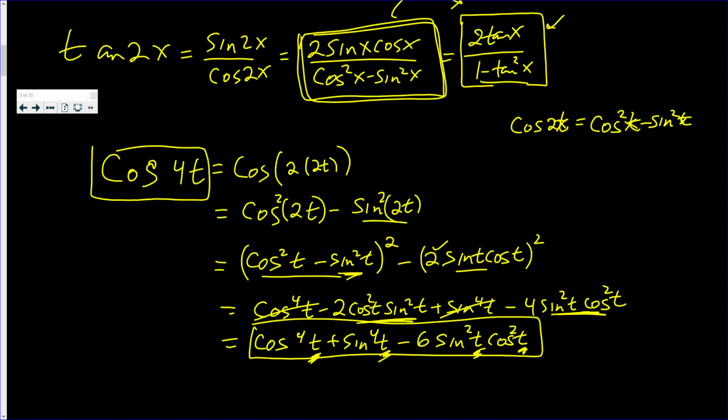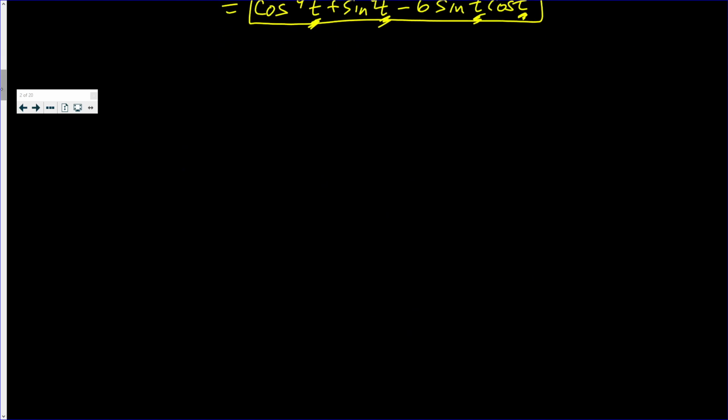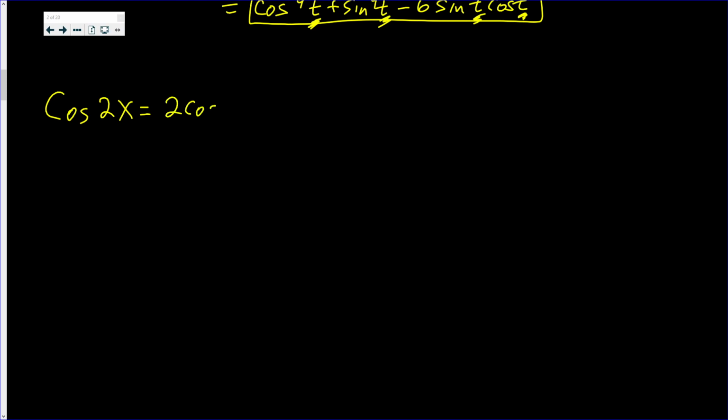Now, we want to derive the half angle formula. We know, for example, that cosine of 2x is equal to 2 cosine squared x minus 1. I want to solve this for cosine x. So first, I'll solve for 2 cosine squared x by adding 1 to both sides.